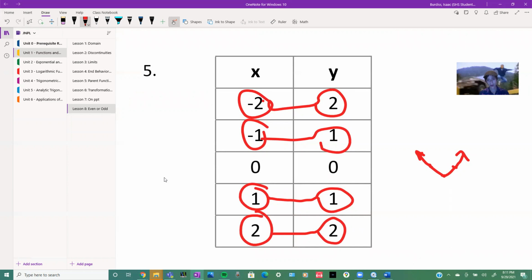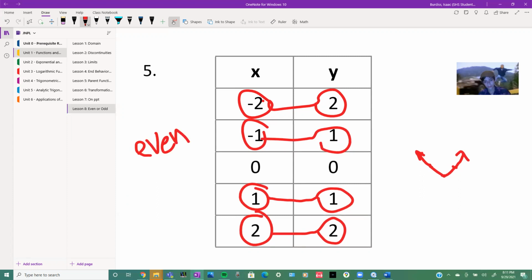Positive 1 x makes a positive 1 y. A negative 1 x still makes a positive 1 y. The y's have to be the same for both negative and positive 1 for the x. So I hope you understand what I mean by that, but the y's are going to be the same no matter the sign of the x, and that would mean even.